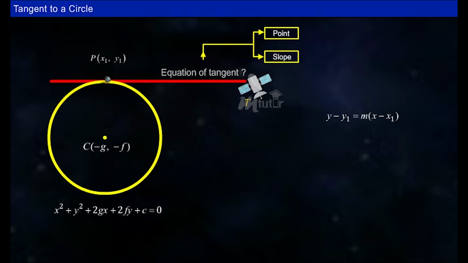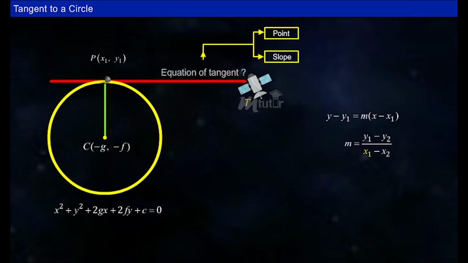If we consider station 1 as the point on the circle, it can be written as shown. Next, we want to know the slope of the radius CP because P is the point which touches the tangent at exactly one point. The general form of the slope is m is equal to y1 minus y2 by x1 minus x2.